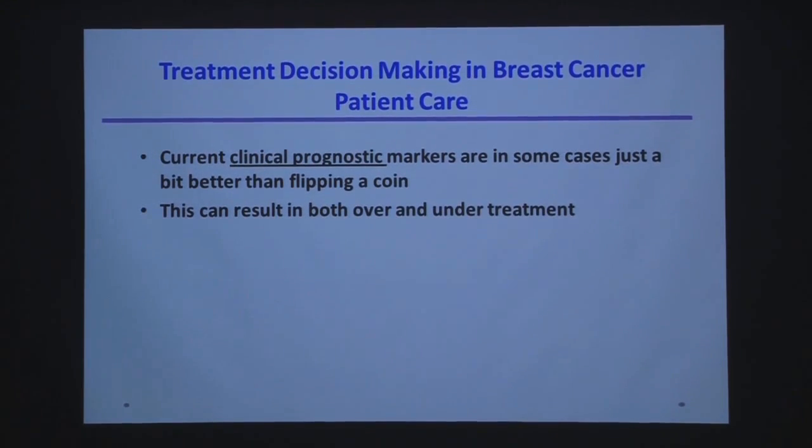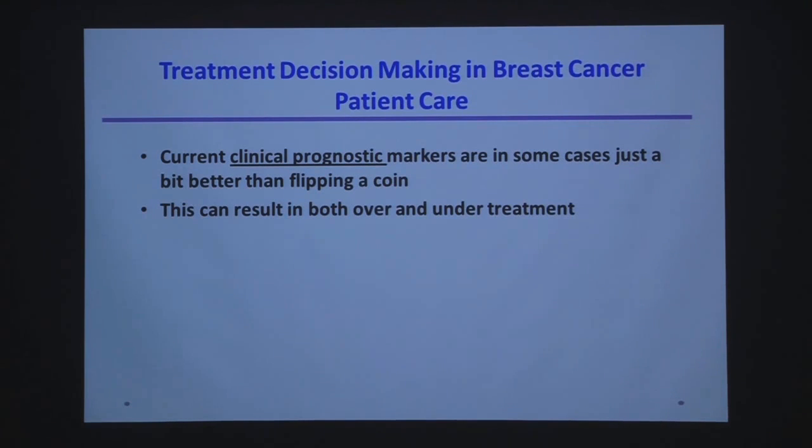So in terms of making decisions at diagnosis, clinicians want to try to provide the best treatment that they can for somebody. And what's really important with these prognostic markers, in some cases, is when we're calculating a person's risk, and there are certain tests that are now being used, the Oncotype DX and some of these others, to try to determine how well this woman will do at diagnosis.